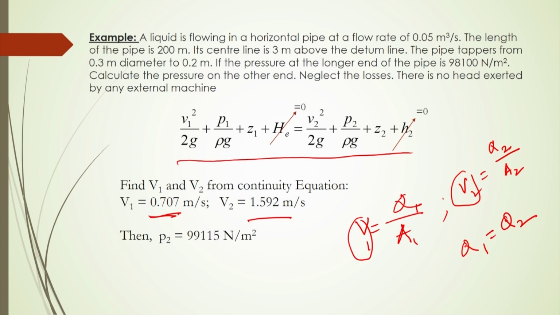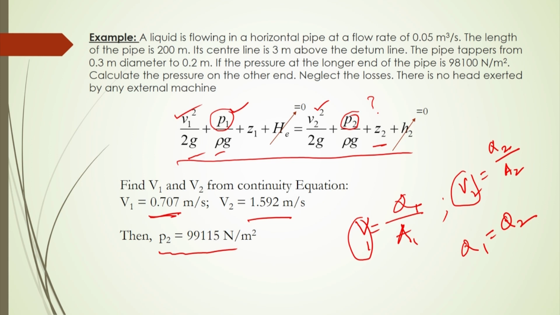Then after substitution of V1 and V2, what should be P2 here? P1 is given to you at these sections, g is known to you, rho is known to you, and Z1 and Z2 are also known to you. Then you have to find out P2. So finally P2 is coming as 99,115 Newton per meter square.